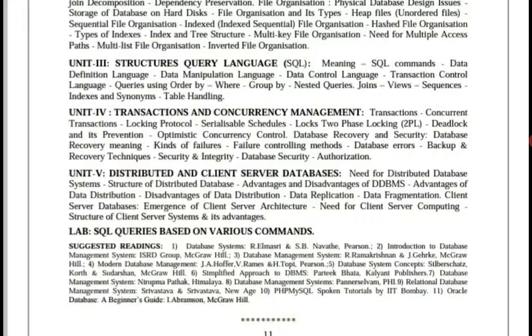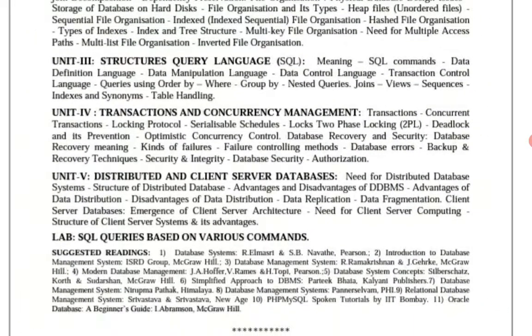So, fourth unit. What is the fourth unit? Transactions and concurrency management. So, what are transactions? Concurrent transactions, locking protocols, serializable schemes, locks, two-phase locking, deadlocks and their prevention, optimistic concurrency control, database recovery and security.